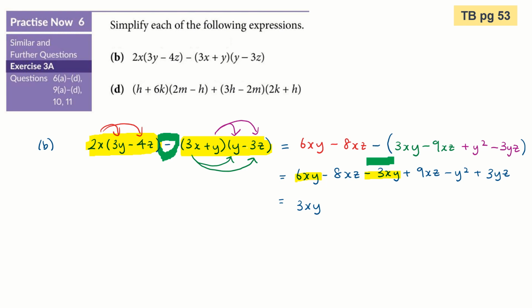Then we have another set of like terms, which is this minus 8xz with the positive 9xz, and that will give us a 1xz, which we write as just plus xz. The remaining terms, minus y squared and plus 3yz, are not like terms at all, so we will just continue writing them in our simplified expression. So therefore, this is our answer to part B.